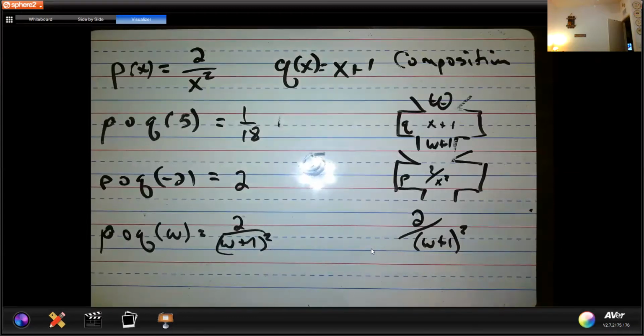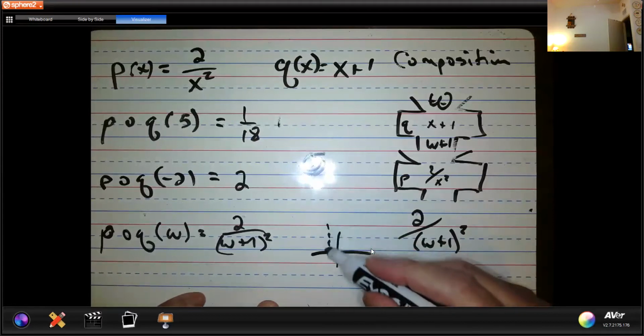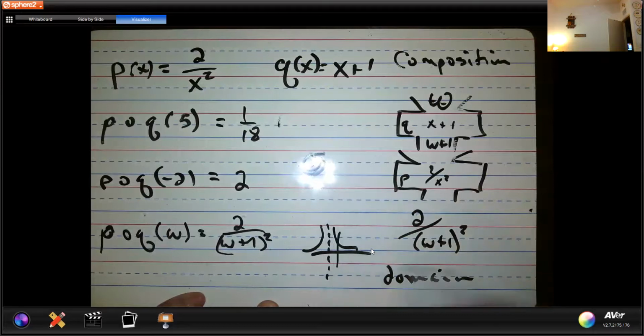Now we just got finished doing this. What's the domain? The domain is everything except negative 1. Remember? My picture looks like this. There's the asymptote. There's my 2 lines. Everything except that. If I want to know the range, we could find the range as well.